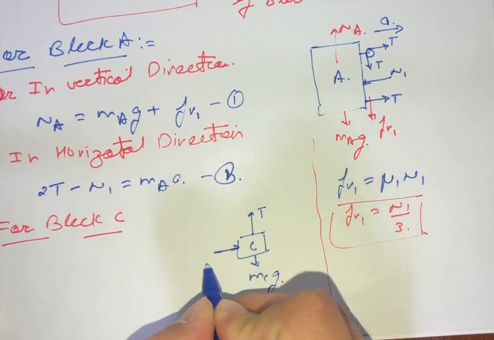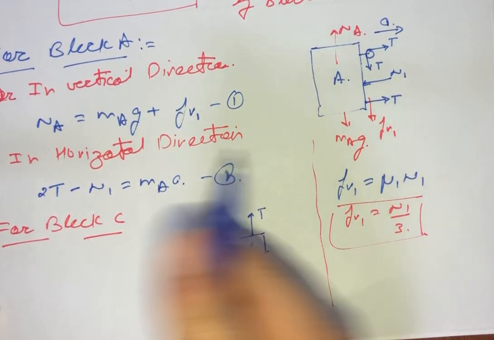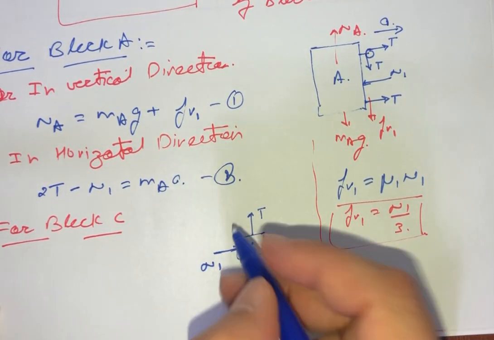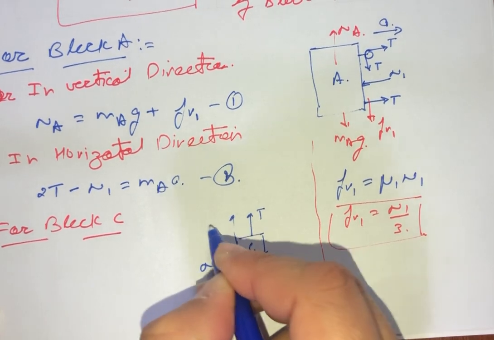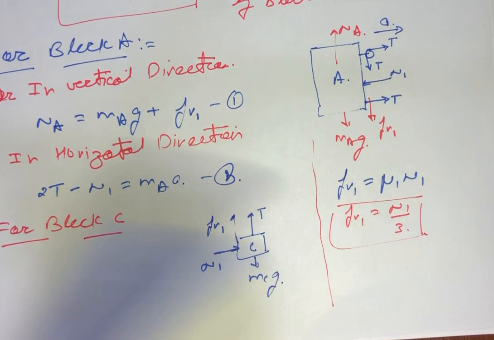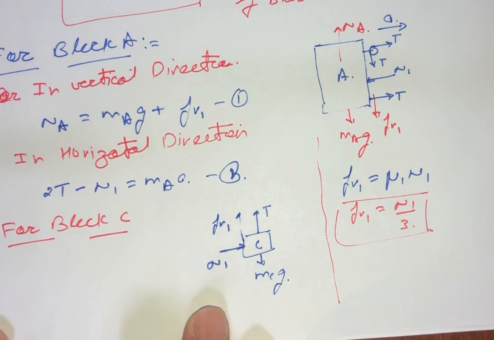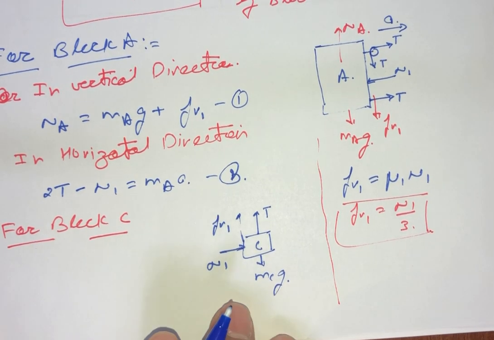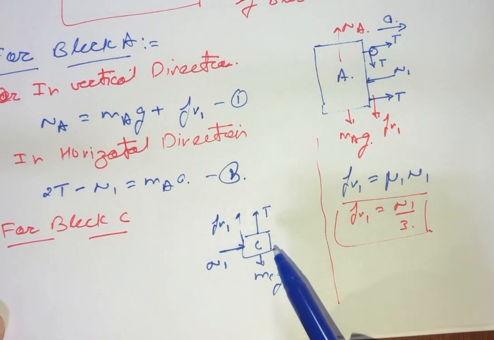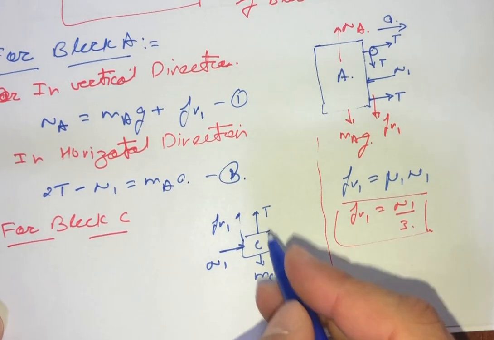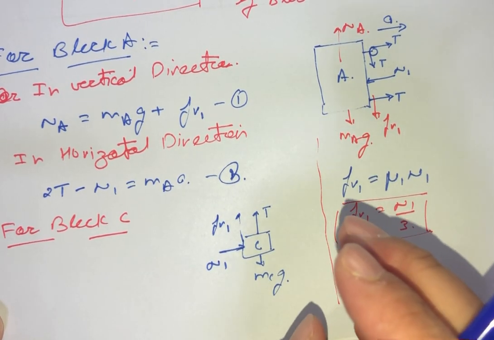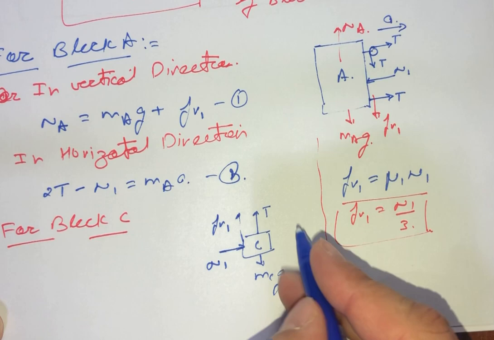There will be normal N1 because of the interaction of the contact surfaces of A and C, and the friction FR1. Now in this case, for C there will be simultaneously two accelerations.